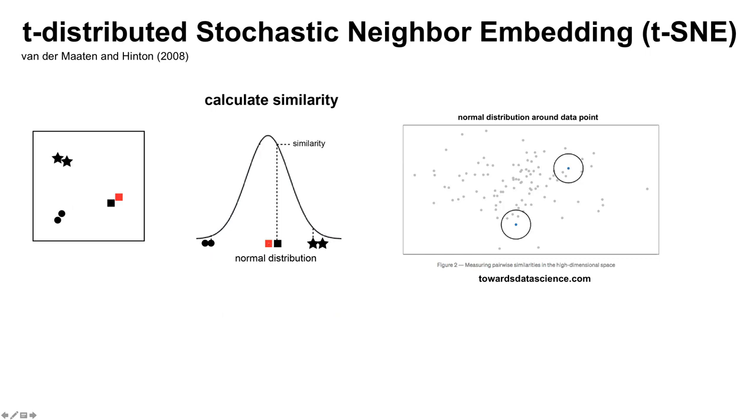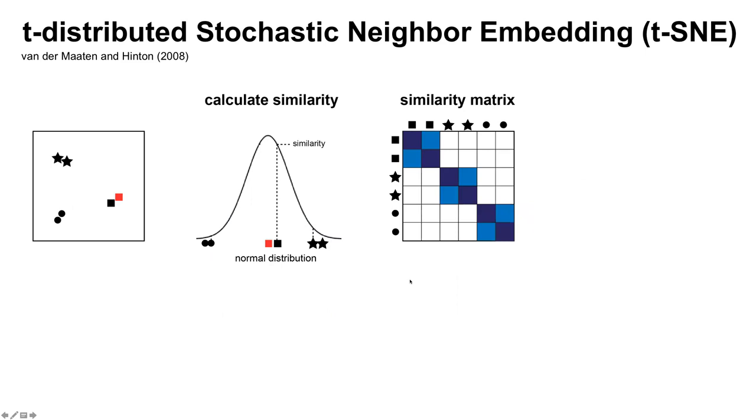Samples that are close to each other will have high similarity, and samples that are farther apart will have very low similarity scores, like these ones here, right? So we do that pairwise and calculate a similarity matrix. We can see that the squares have high similarity, the stars have high similarity, and comparing squares to circles, a very low similarity. So this is the first step. We take our high dimensional representation and make a similarity matrix.